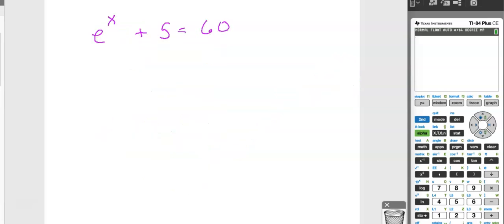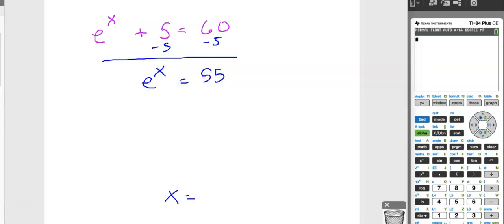All right, to solve this, again, our objective is to get to x. So we're going to first subtract 5. So e to the x power equals 55. And once again, there are multiple ways to solve this. One way you could do this, again, is log base e of 55 equals x.